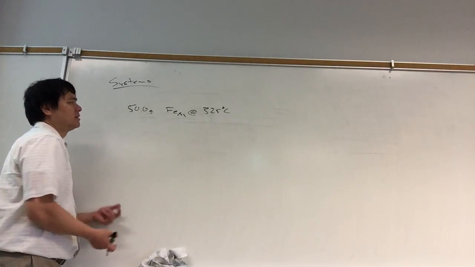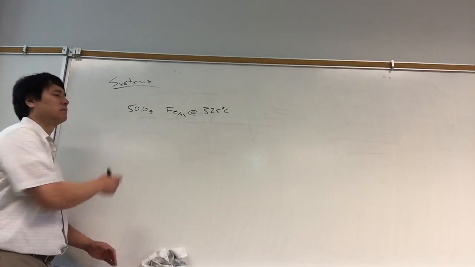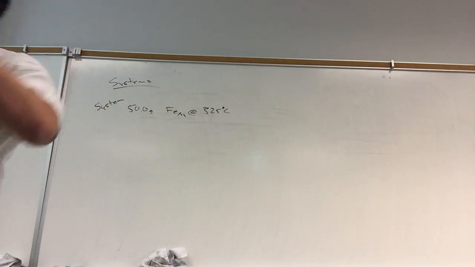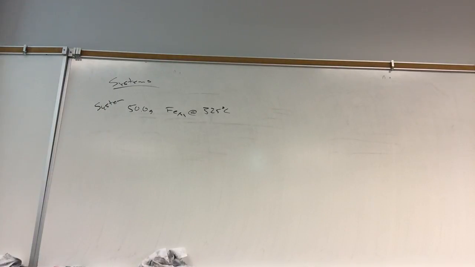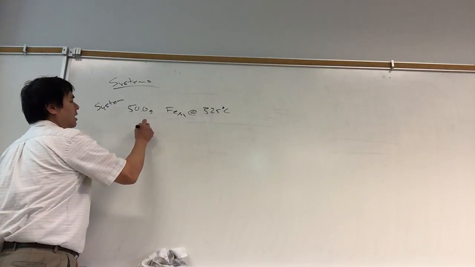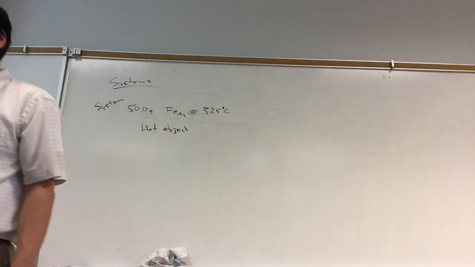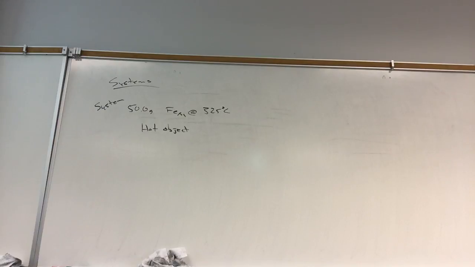What do you think this hot object, this hot chunk of iron, is going to do to the surroundings? The surroundings is this lab, or this classroom. Well, it's going to heat up the surroundings, right? We're going to feel it because the air is going to start getting warmer. The table, whatever you set this on, is going to start getting hot. And so this is just a hot object. When we have a hot object, what type of energy are we looking at?